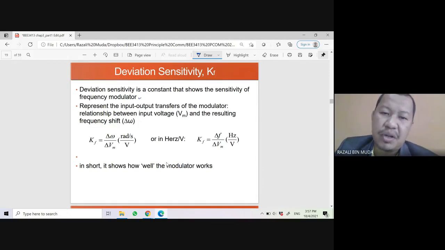It represents the input-output transfer of the modulator, the relationship between input voltage and the resulting frequency shift. So Kf is equal to delta omega over delta Vm, or in Hertz, delta F in Hertz over volt. In short, it shows how well the modulator works.